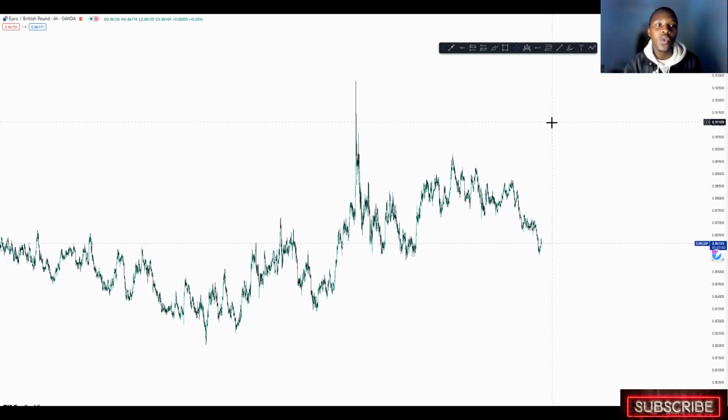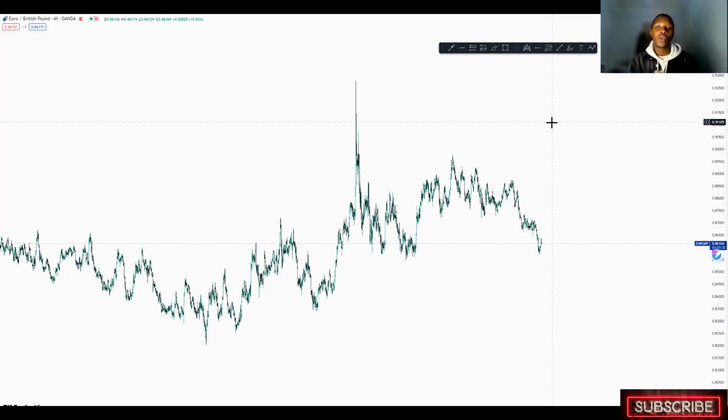So I'm going to be starting with the euro versus the pound, which is EURGBP. I'm currently on the 4-hour time frame, but I'm going to go to the daily time frame so that we can understand what type of trend we are in. Are we trending to the upside, consolidating, or going to the downside?